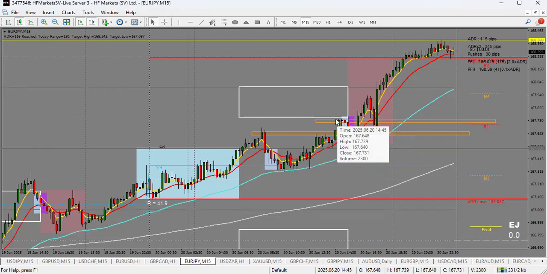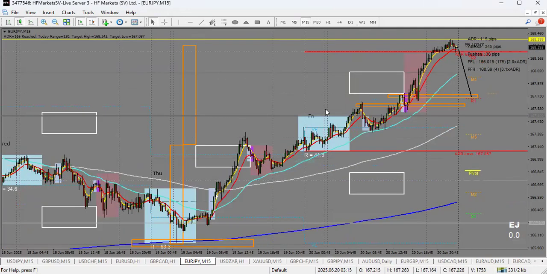I think this is a good area where price might retrace before continuing up. We also have the undershoot area here, so 25 pips just before this large quarter point. So that is the area of retracement, and you're good to go up.